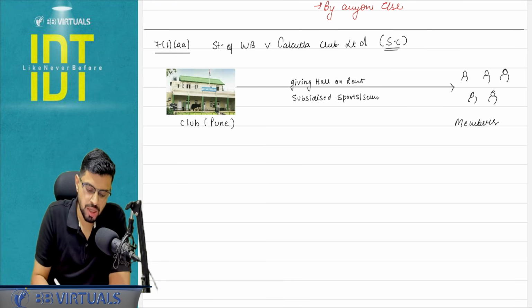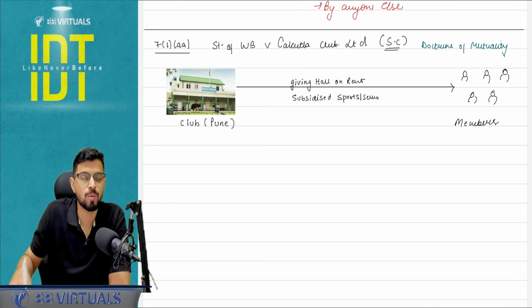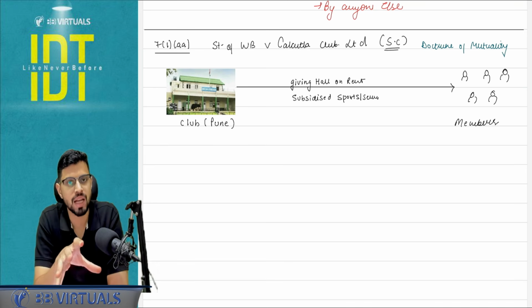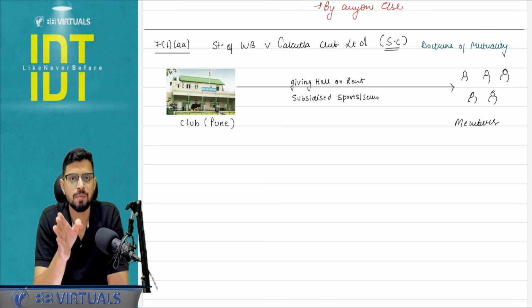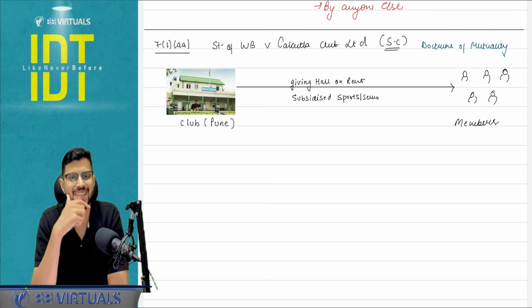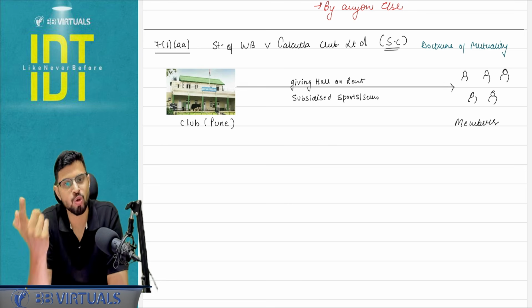They gave this decision on the basis of the doctrine of mutuality, that one person cannot transact with himself. Members are the club itself, the club is the members itself. Club is not like a company with a separate body corporate existence. Club is not a separate person. That was what was ruled by the Supreme Court.